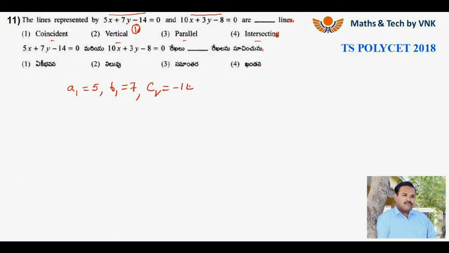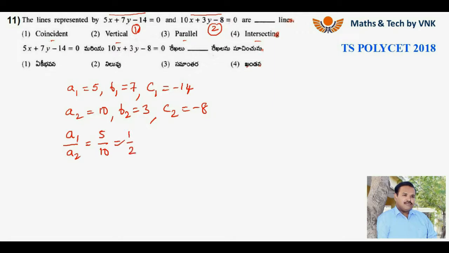Similarly, equation number 2 is compared with a2x plus b2y plus c2 is equal to 0. Then a2 is equal to 10, b2 is equal to 3, c2 is equal to minus 8. Now finding a1 by a2, a1 is 5 and a2 is 10. So this is nothing but 1 by 2.